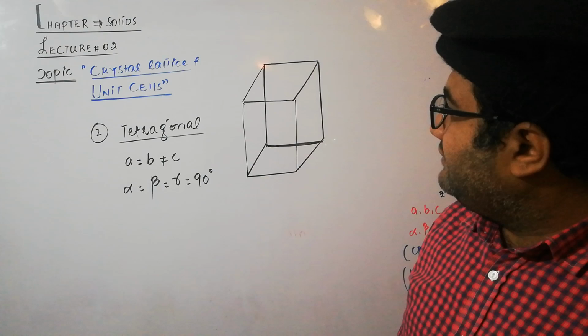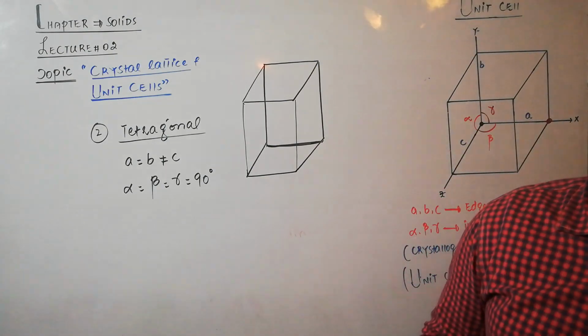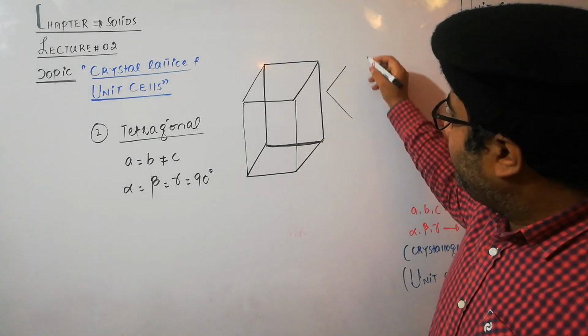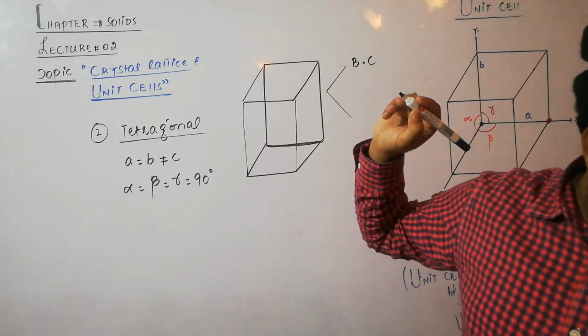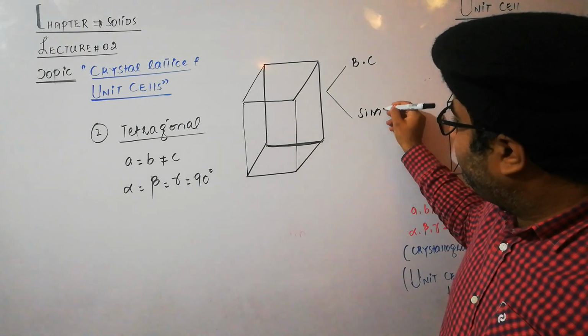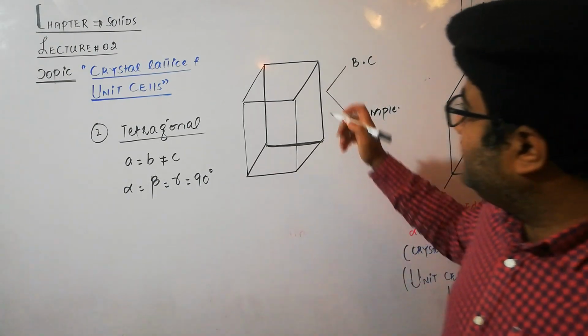Now in the case of the tetragonal unit cell, there are two Bravais lattices. It is of two types. One is the body centered and the other is the simple. Now let us draw these two. What will be the body centered?